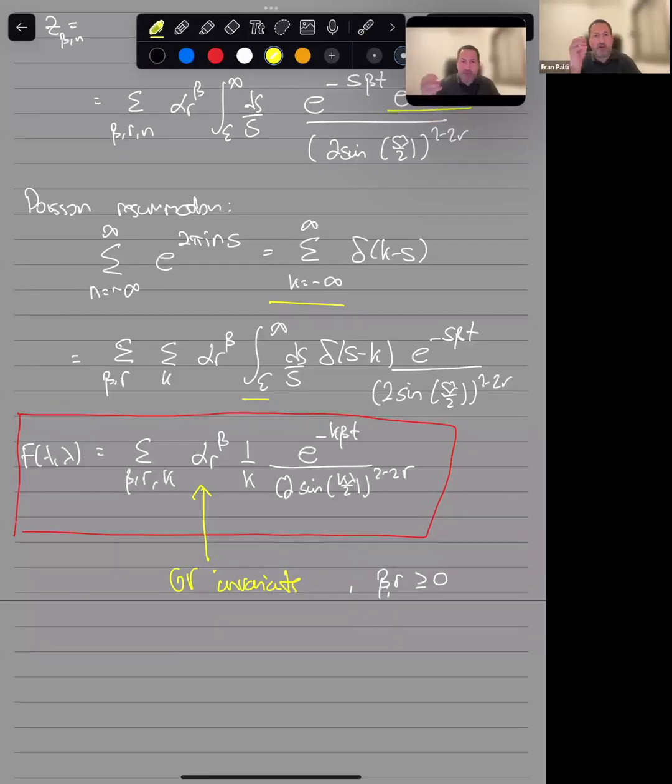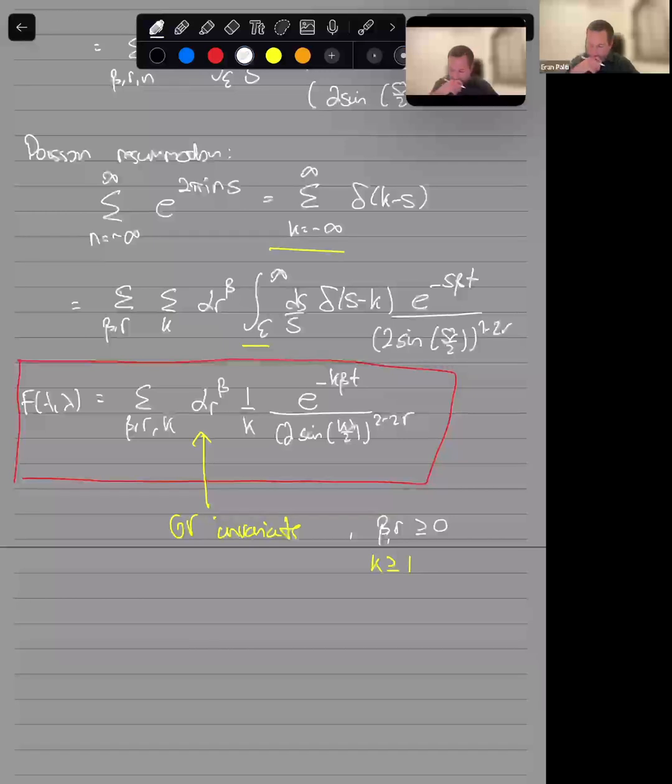So that means that we're only going to evaluate the delta functions on positive s's, and so positive k's. So here k is also only positive. It's actually bigger than or equal to 1. We don't have the k equals 0 piece.